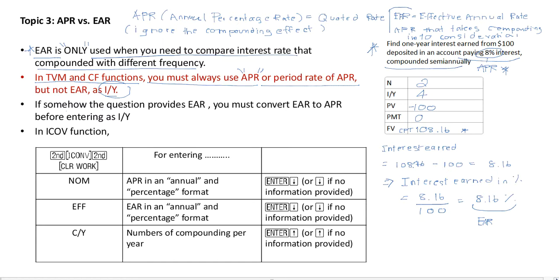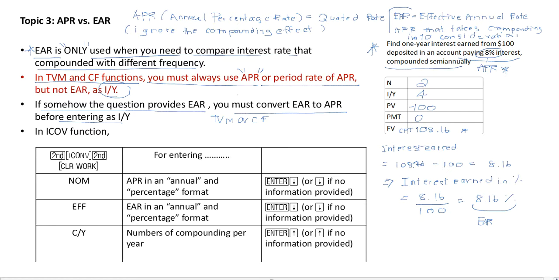If a question provides you EAR and you have to put the information in a TVM or CF function, you have to convert EAR to APR before you enter that interest rate as I/Y. In order to convert EAR to APR, there is a faster way.